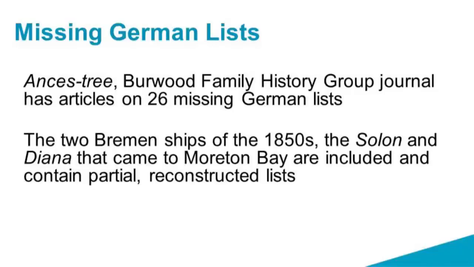Finally, with missing German lists, there is a family history group, the Burwood Family History Group, who put out this ancestry journal, which has articles on 26 missing German lists.